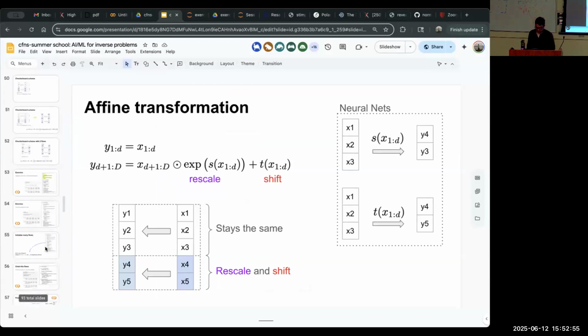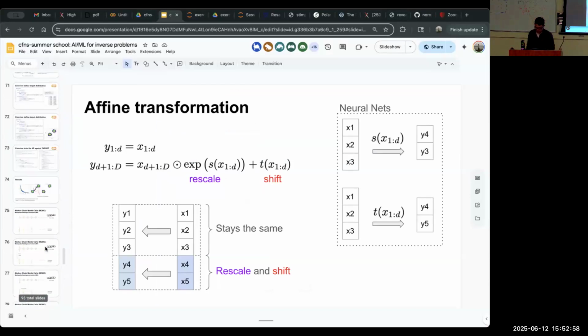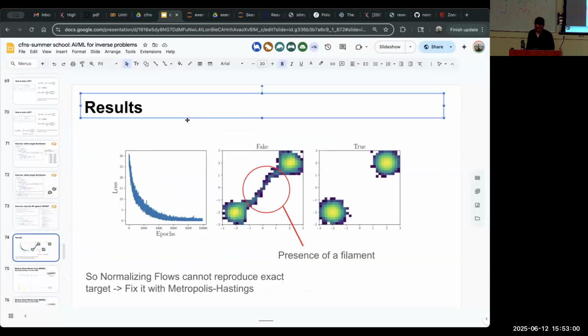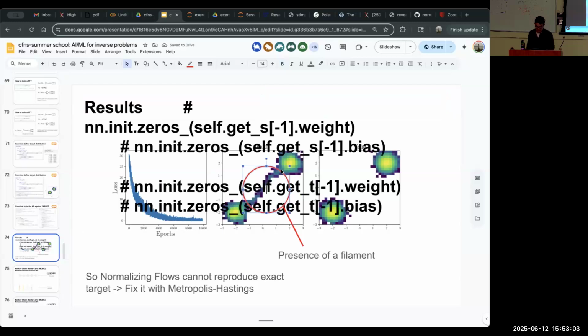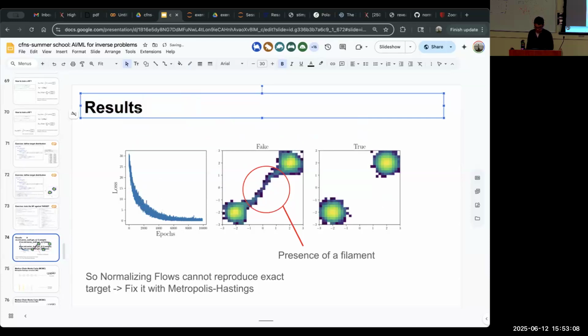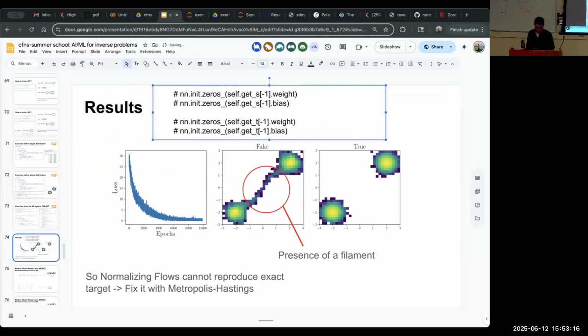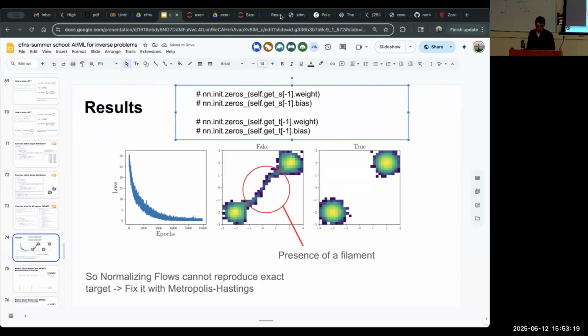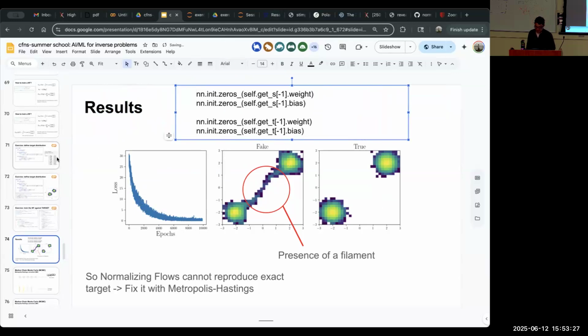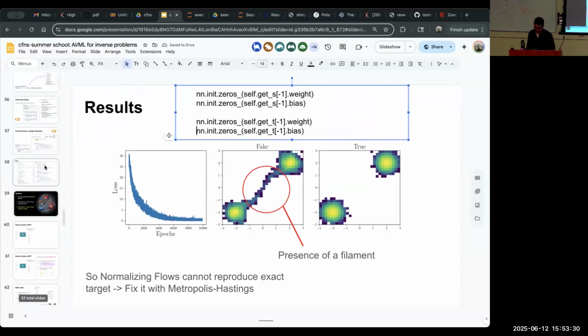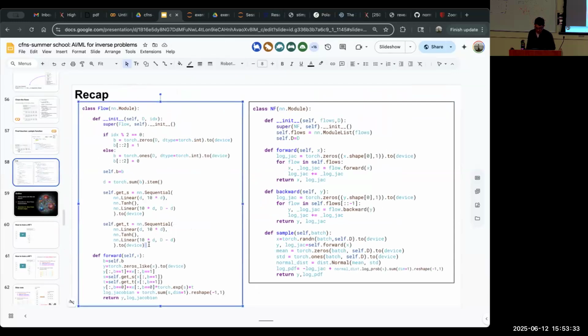So you put these lines uncommented, and you can put them around here, after this.